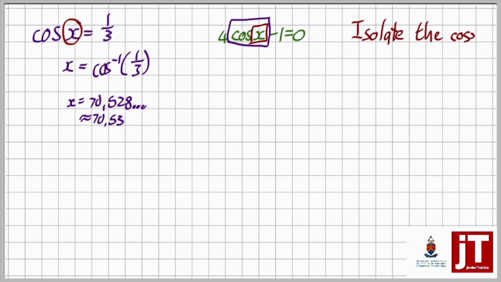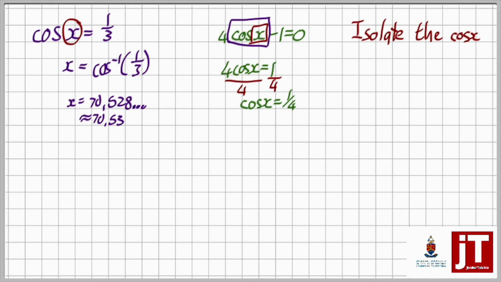I want to isolate the box. I'm going to transpose the negative 1 and it becomes plus 1. The box is still not alone, so I'm going to divide by 4, which leaves me with cos x equal to 1/4.